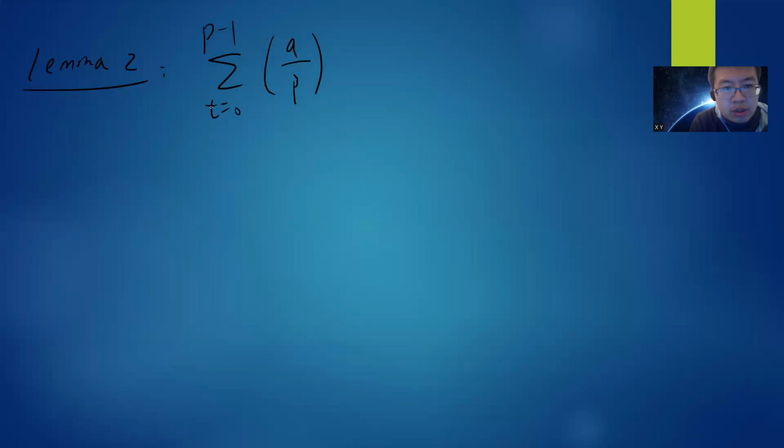And there is a lemma 2, which is also simple. Lemma 2 says that if you sum the Legendre symbol (a/p) for a from 0 to p-1, you'll get 0. This is simple, since by Fermat's little theorem, a^((p-1)/2) mod p is either plus or minus 1.